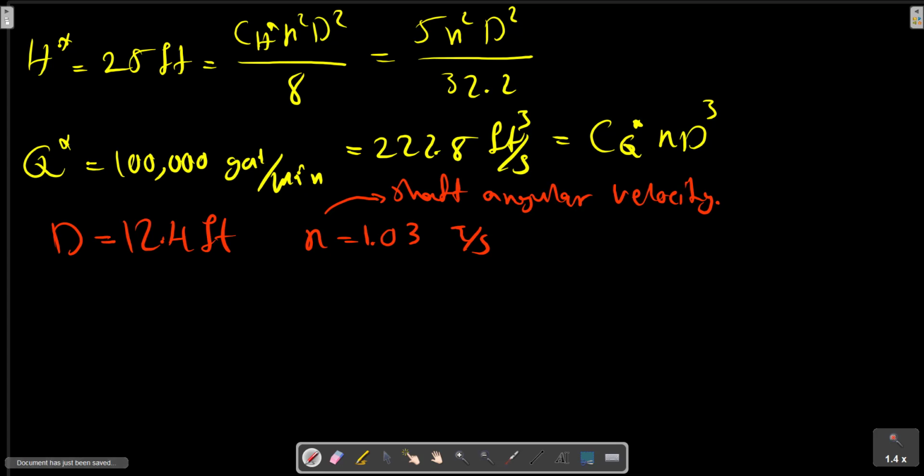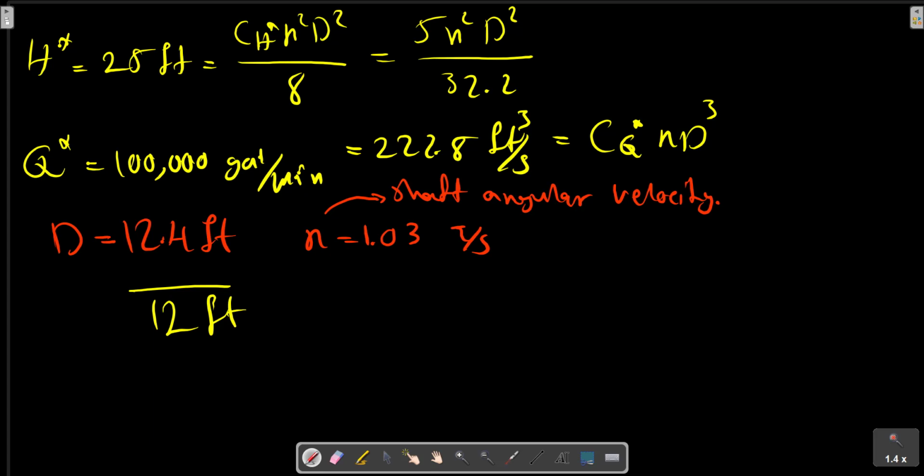The solution to this example is mathematically correct, but the result is a grotesque pump with an impeller diameter of more than 12 feet, rotating very slowly.